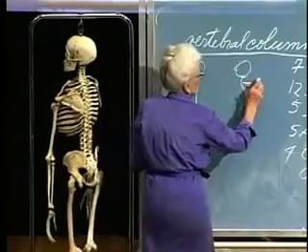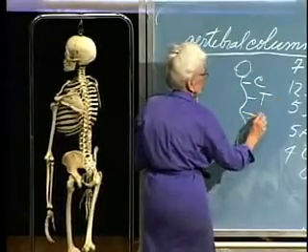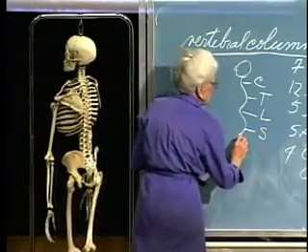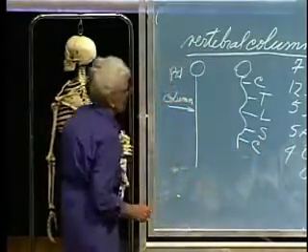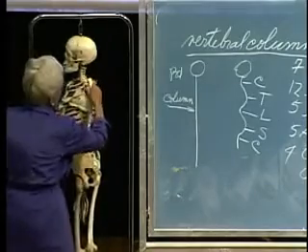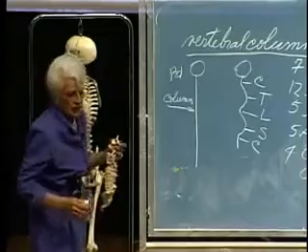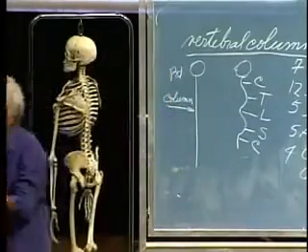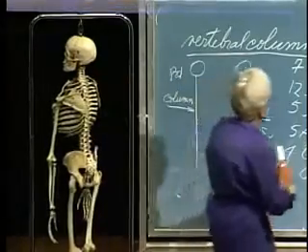So this will be our cervical curve, our thoracic curve, our lumbar curve, our sacral curve, and our coccygeal down here. So you can see that they're normally just slightly curved. But you can have abnormal curves. And the abnormal curves have specific names.